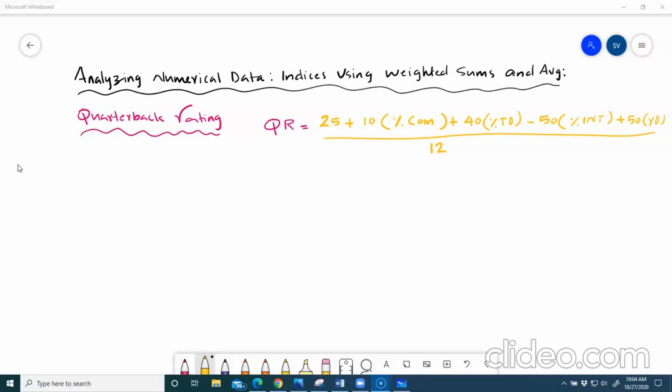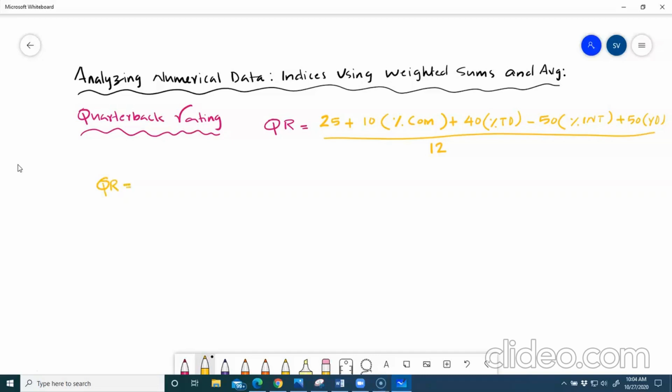This is actually a simplified formula, because the actual formula is not that. The actual formula for calculating the quarterback rating is like this.